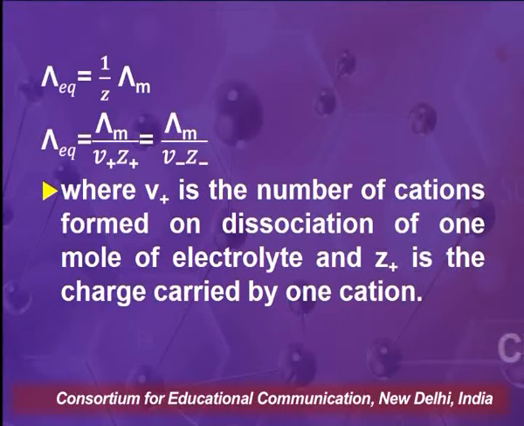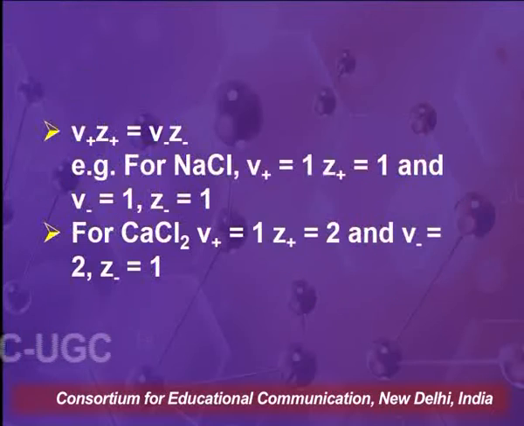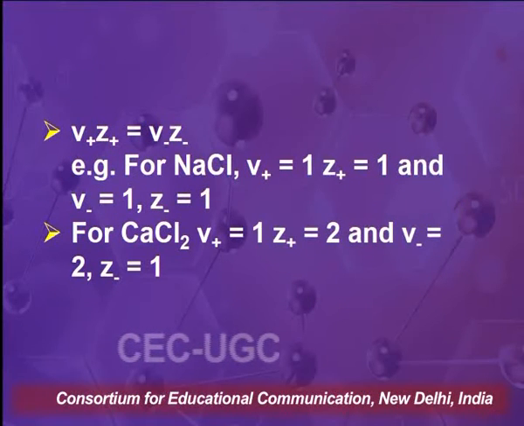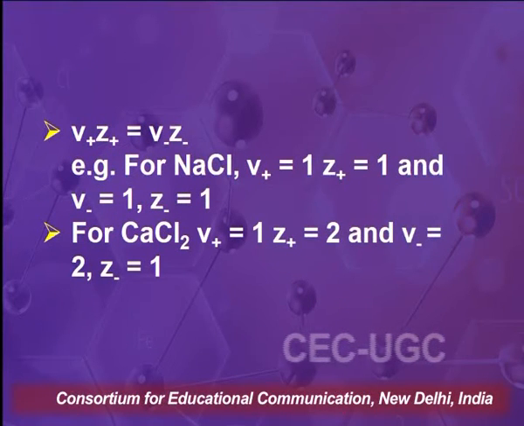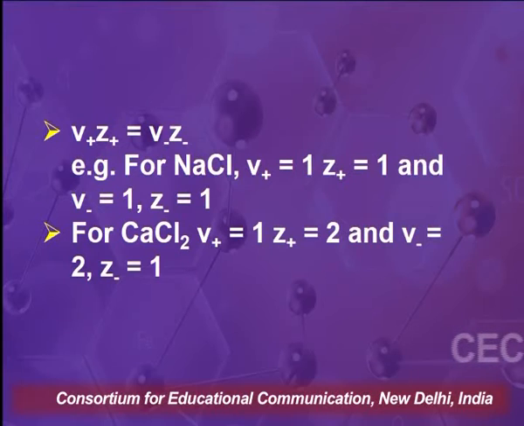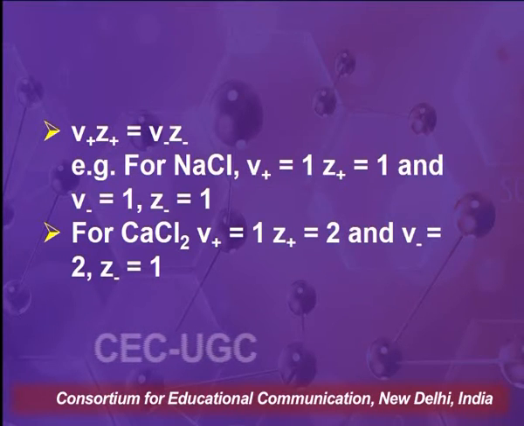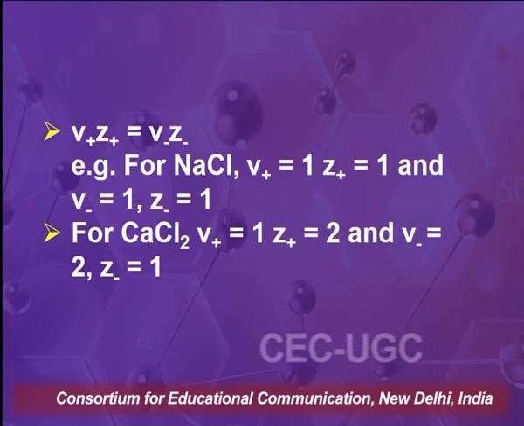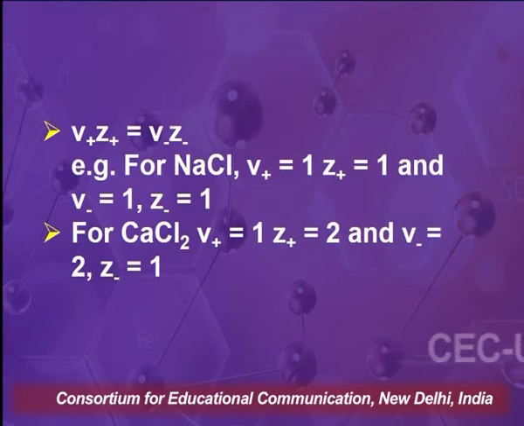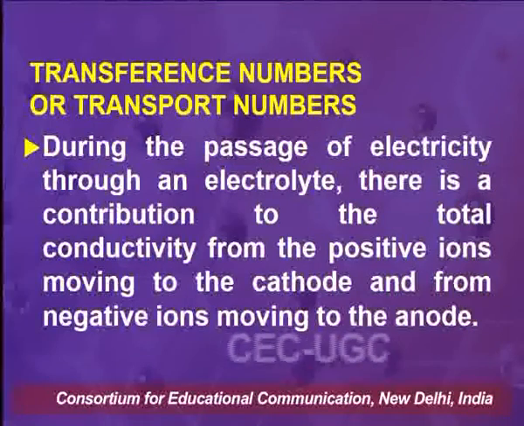Instead of z, we can also write nu plus z plus or nu minus z minus, where nu plus is the number of cations formed on dissociation of 1 mole of electrolyte and z plus is the charge carried by one cation. Nu plus z plus is equal to nu minus z minus. We can have particular electrolytes like NaCl and CaCl2, where nu plus is 1 and z plus is 1 for NaCl, and for calcium chloride nu plus is 1 and z plus is 2.